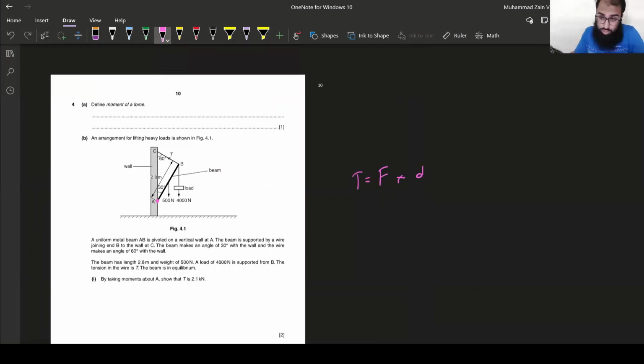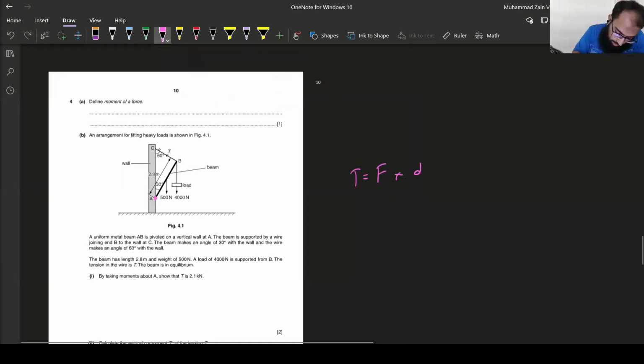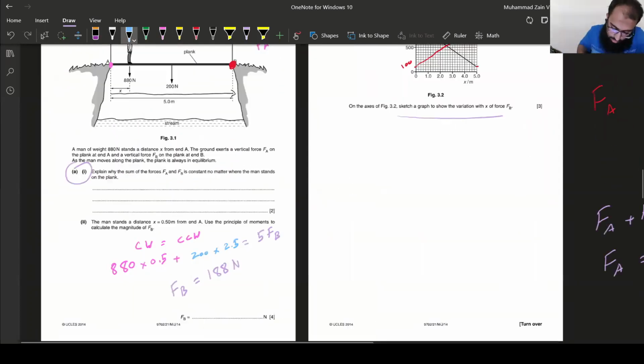We didn't know this above. So this time, if this is T, the line of action for T could be something like this, and there would be a perpendicular distance between the line of action and the pivot. This is the D which is required, and the T which I have. In the previous question, the diagram is here.